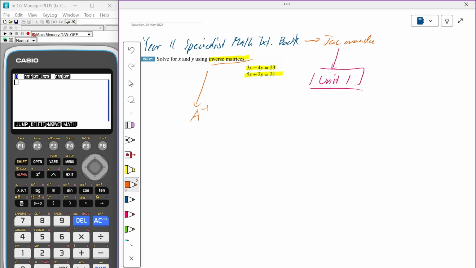So how do we transform this into matrices? I think it's important to refer back to the general formula you've hopefully learned in class, which is AX equals B. A represents the coefficients of the x and y variables. X represents the variables, x and y.